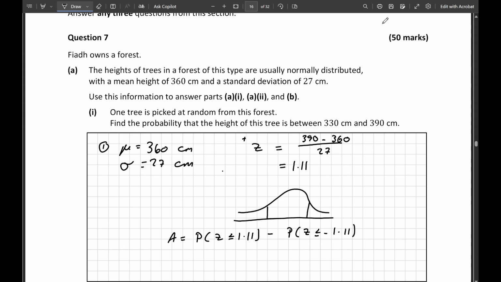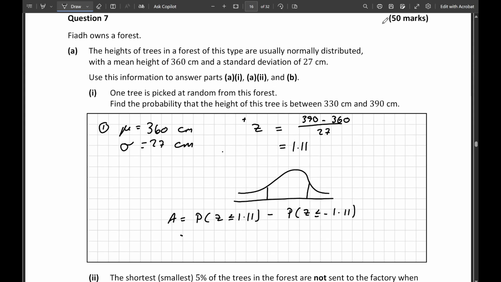But that's 1 minus the probability of z, so how's that going to work? It'd just be 2 times the probability of z less than 1.11, minus 1.